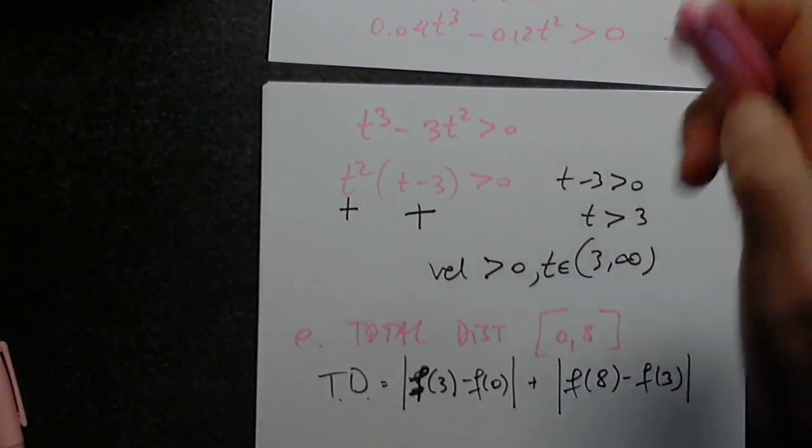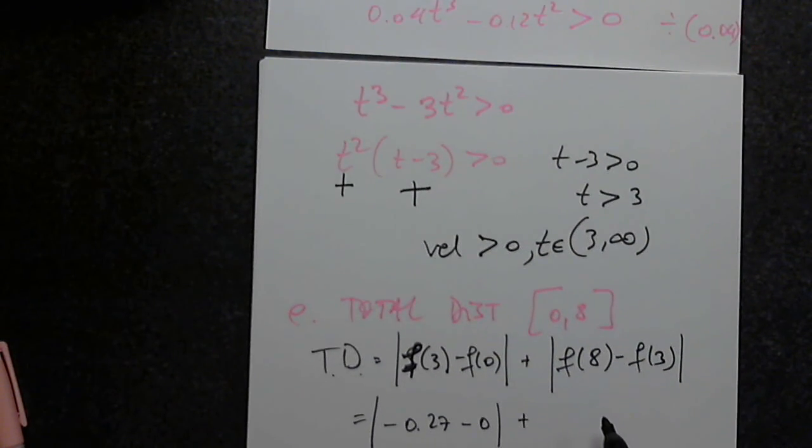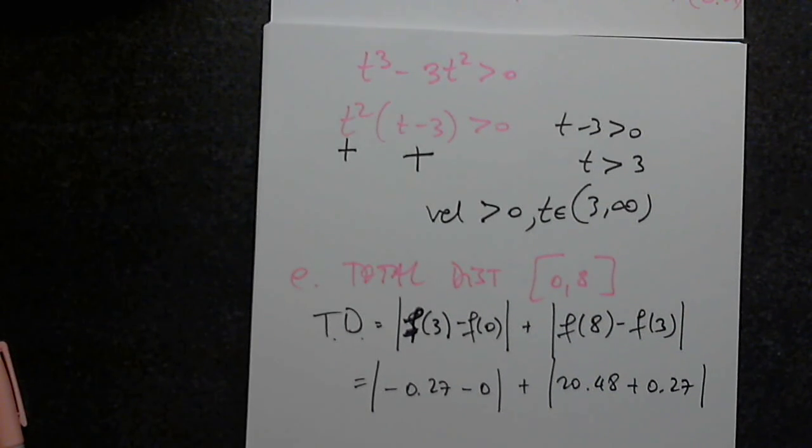So therefore, my calculations would be the absolute value of negative 0.27 minus f of 0, which is 0, plus f of 8, which is 20.48, minus f of 3 plus 0.27. So this is 0.27 plus 20.48 plus 0.27 will be 21.02.